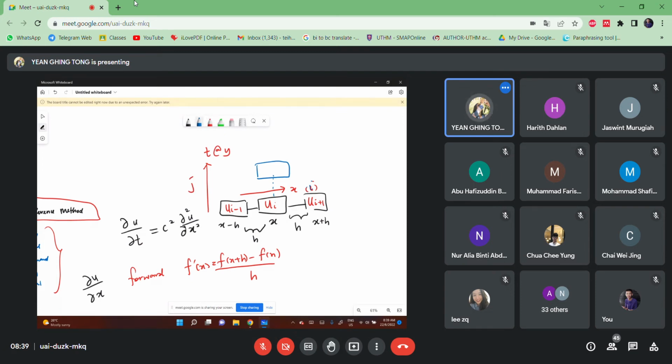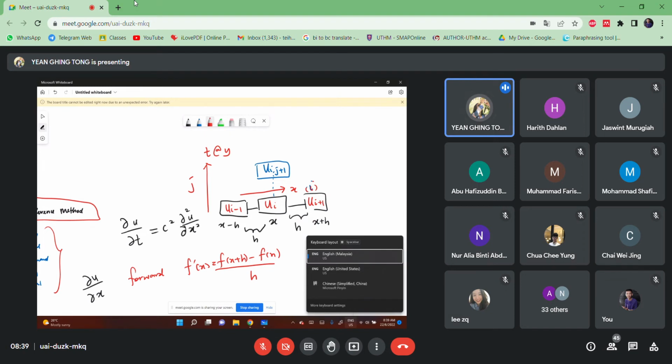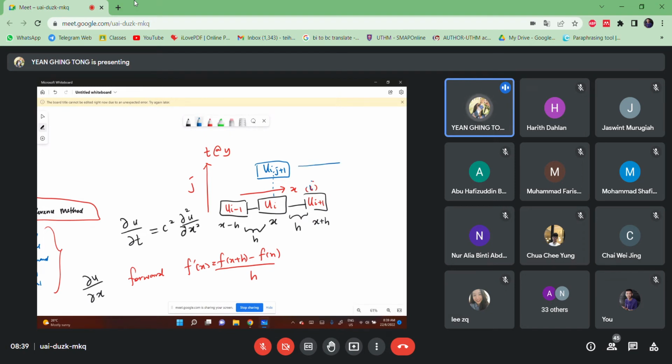So this one will be U, this one is level I. This one J plus 1. This is level J plus 1 and this is level J and this is level J minus 1. So that means here, this is U I, J minus 1. Boleh? So this is U I, J. Okay, macam ni boleh faham?